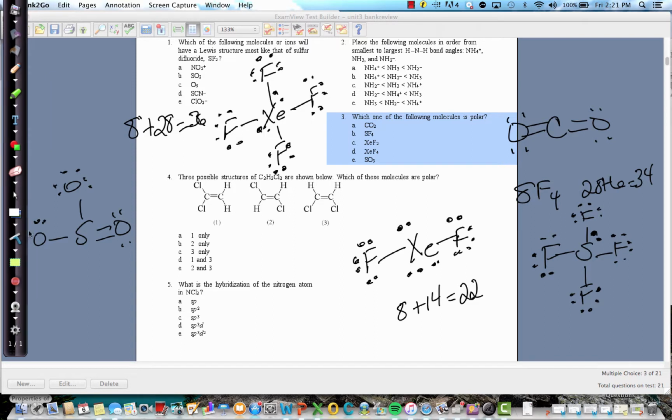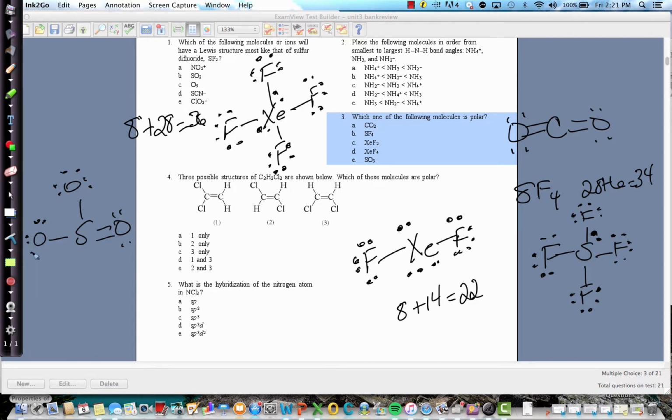So now we've got the Lewis structure. That would be 2, 4, 6, 8 for each one, so it's 8, 10, 12, 14, 16, 18, 20, 22, 24 electrons. Sulfur has 6 electrons, so does oxygen, so 6 times 4 would be 24 electrons. So we're going to have a Lewis structure that looks like this.